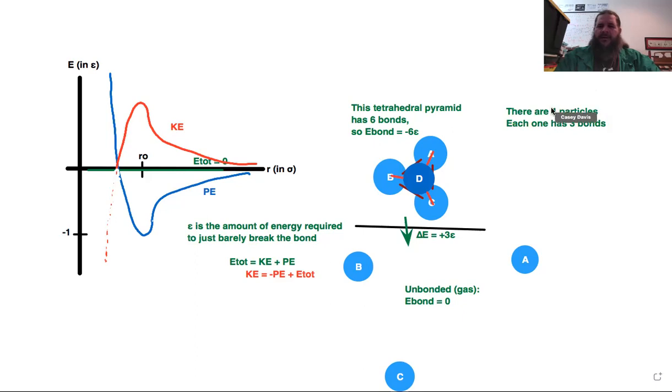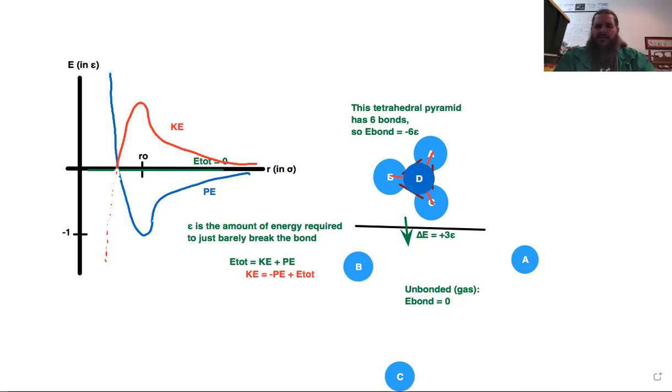So if you've got 4 particles and 3 bonds per particle, mathematically, what could you do with those values to get the total number of bonds? Yeah, if we multiply and check the units on that, 4 atoms times 3 bonds per atom, the atoms and atoms cancel out, so we end up with bonds.